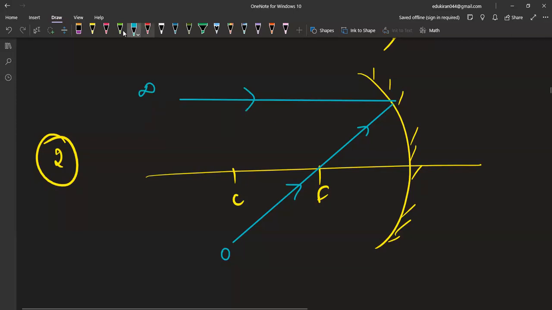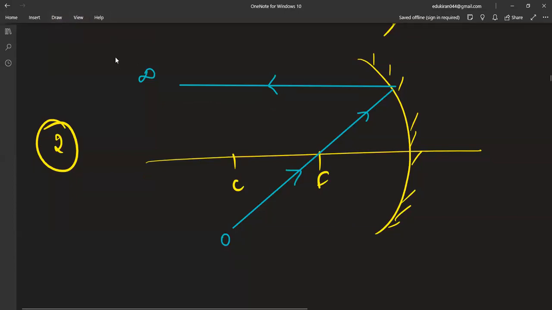Now just the reverse will occur. Now the image will be formed at infinity. An object is present somewhere at an angle such that the rays of light have touched the mirror and are becoming parallel now. So it's just the reverse of what you have seen in the first law.